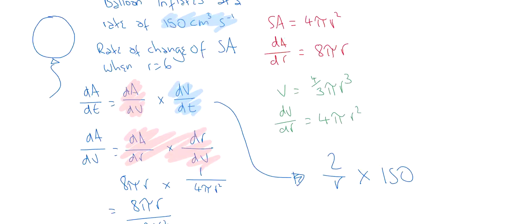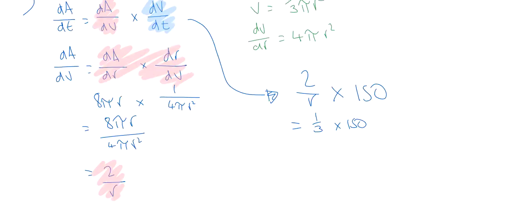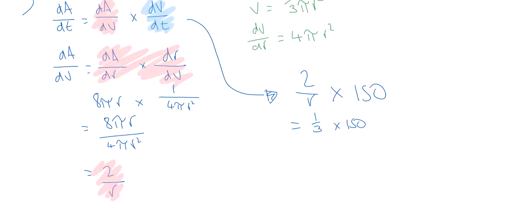So now what do I need r to be? 6. So I've got 2 over 6, which is 1/3. I'm actually just going to write the whole thing so I don't confuse anyone. This is 2 over 6, which is 1/3. So 1/3 of 150 is 50.